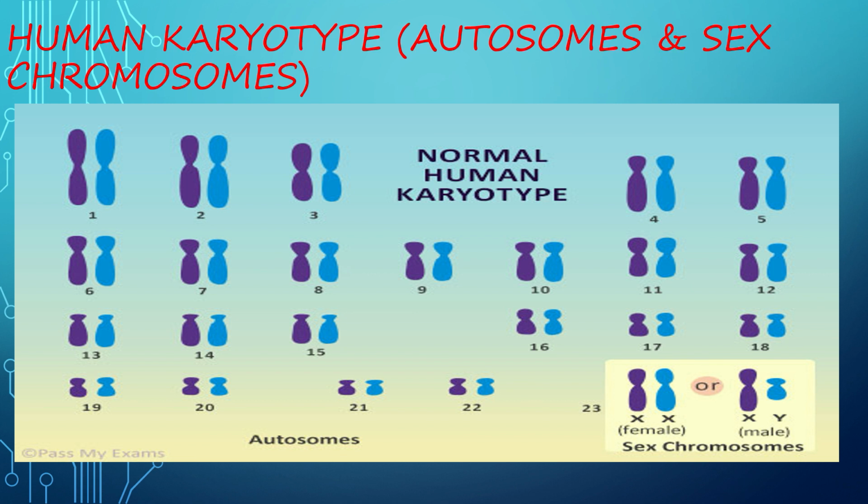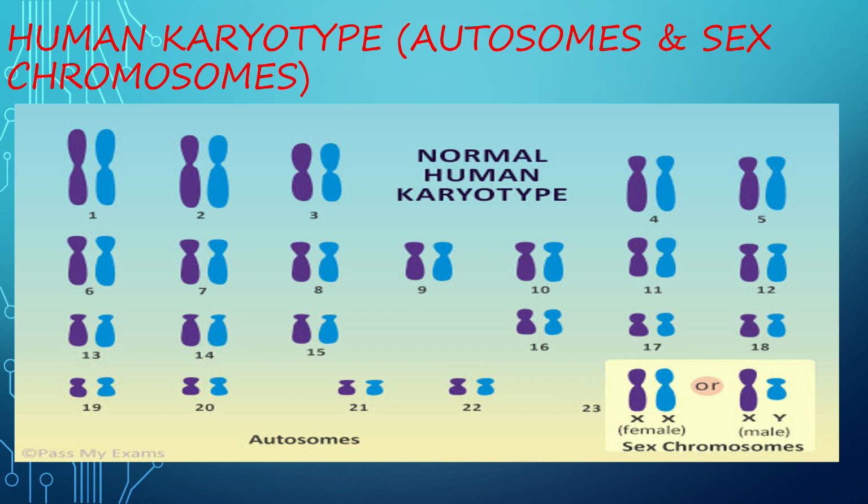But male have a mismatched pair in which one is a normal size X while the other is a short one called Y. So women are XX and men are XY. But both autosomes and sex chromosomes contain genes that code for proteins and make our body.